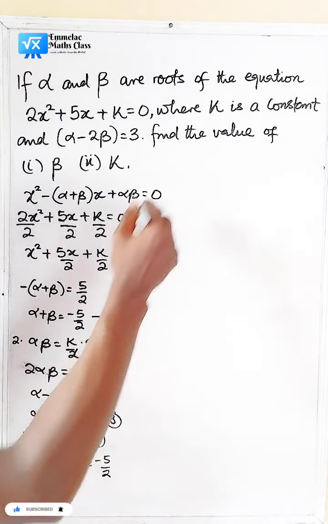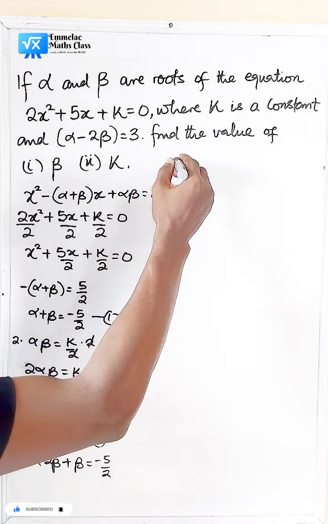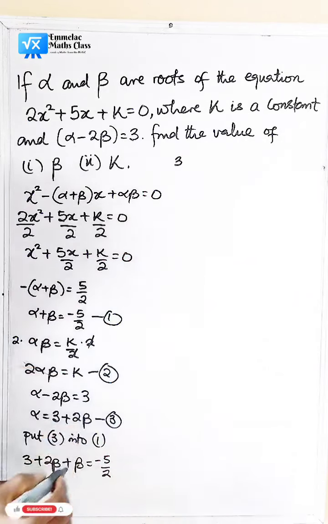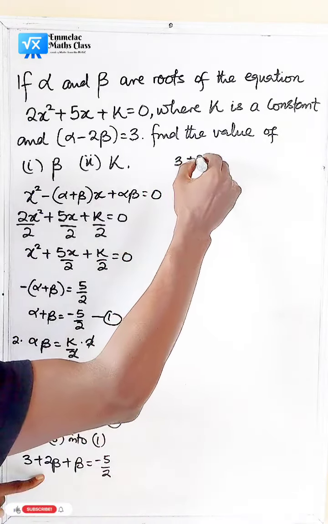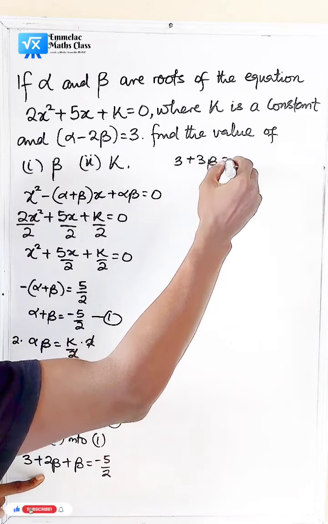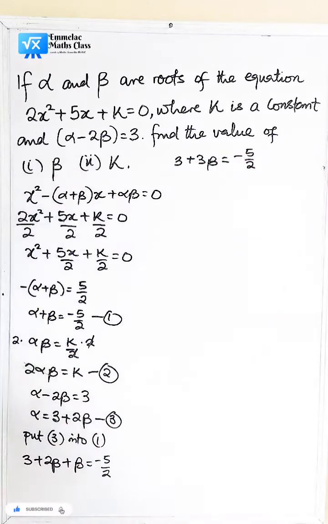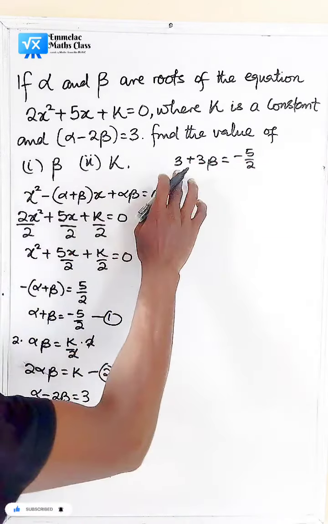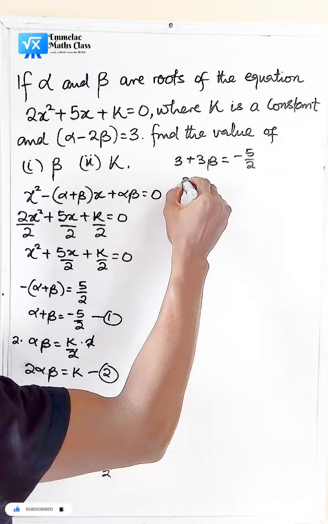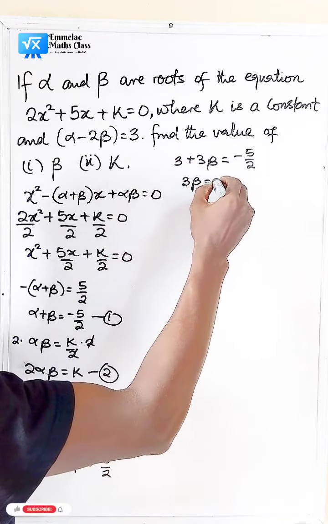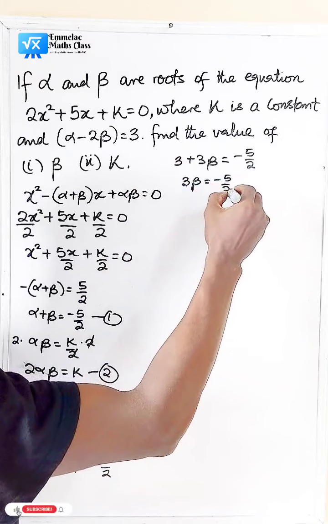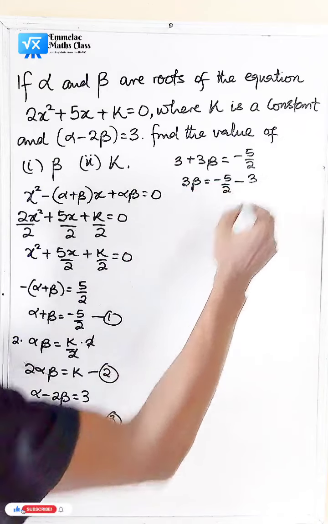So we have 3 plus 3 beta equals negative 5 all over 2. Now let us take 3 over to the right hand side. We have 3 beta equals negative 5 over 2 minus 3.